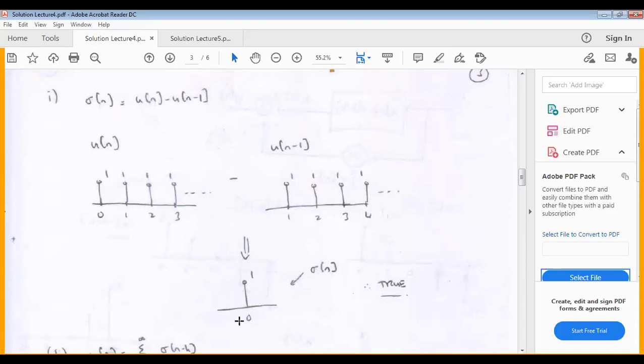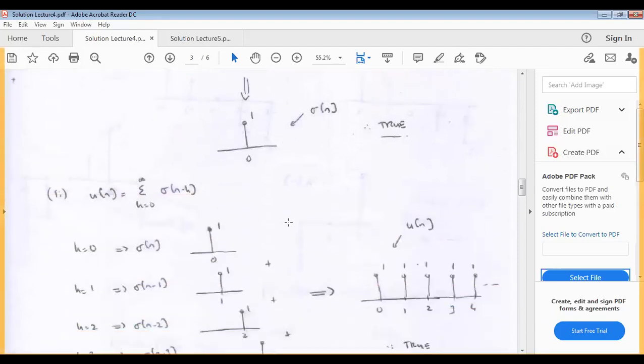So when this subtraction occurs, we have a single line at n equals 0, and as a result this equals the impulse function delta[n]. So this statement is true.